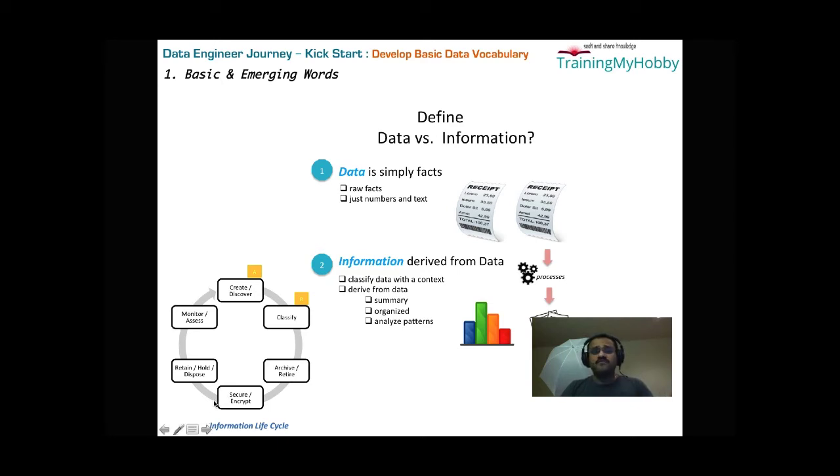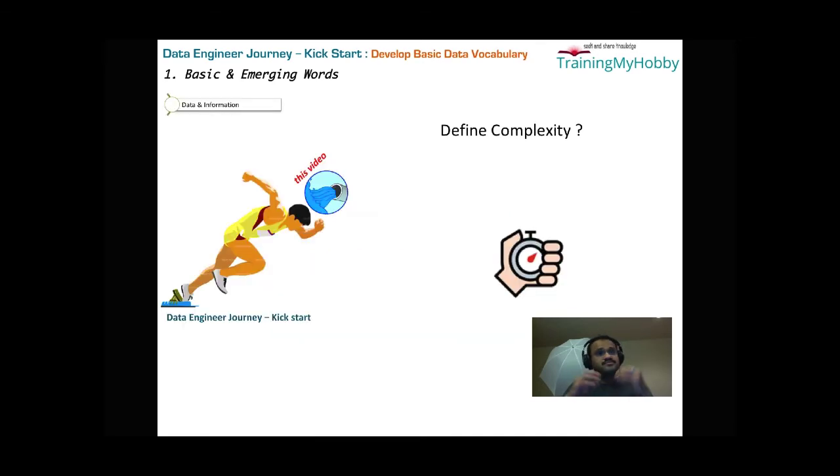Certainly, once you build the information, you like to secure and encrypt it, and you want to retain it for some time, or you want to hold it. So basically, I don't want to go through every point. What I want to share here is, you as a data engineer should know data, information, and the information lifecycle. Let's proceed.